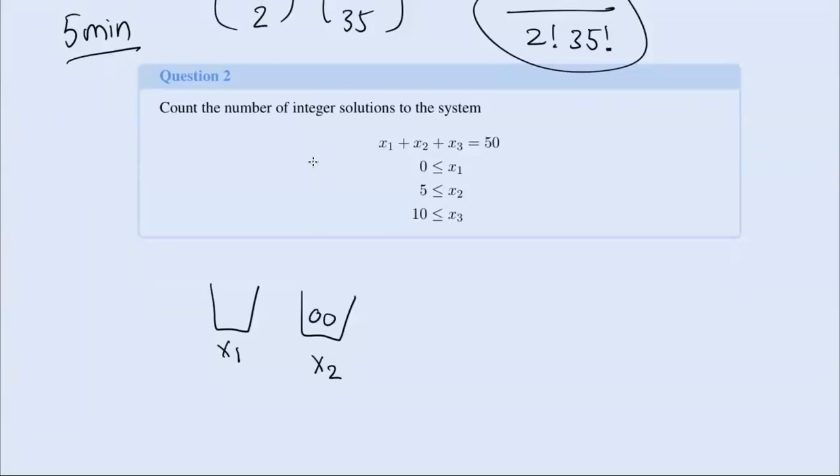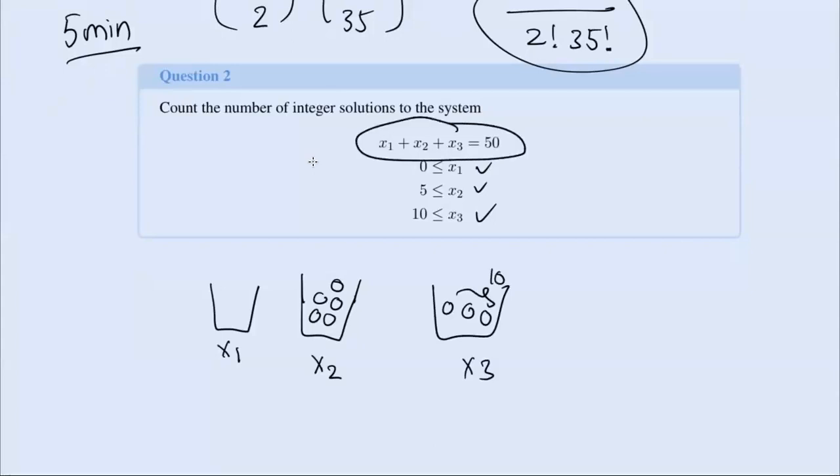You put 5 balls in there first, so that you can satisfy the second condition. The third condition, you can just distribute 10 balls into the third one to make sure that there will always be at least 10 here. So you satisfy the third condition.